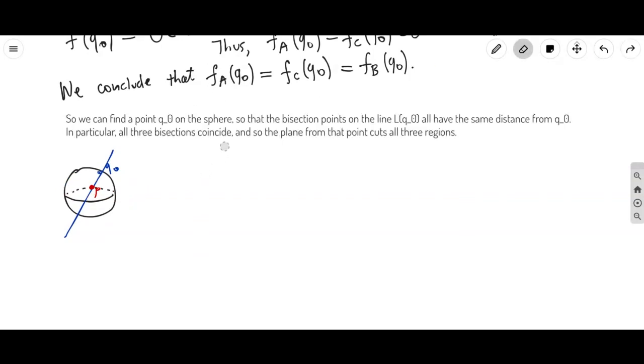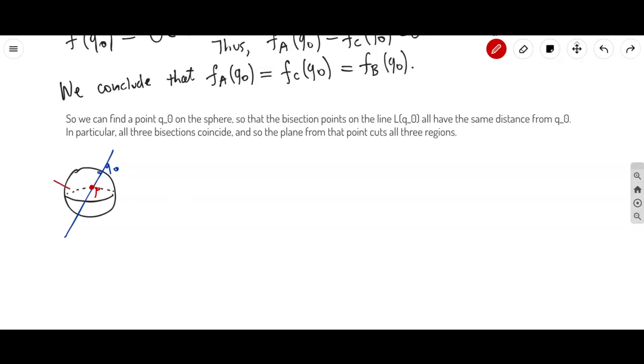But now let's look at FB of Q0. FB of Q0, it's the same number. FB of Q0 represents a point somewhere along the same line, Q0, that bisects B. But it's the same exact distance away from Q0. So it cannot be in a different location, because then it would mean this distance and this distance are not the same. So they all have to be in the same location.